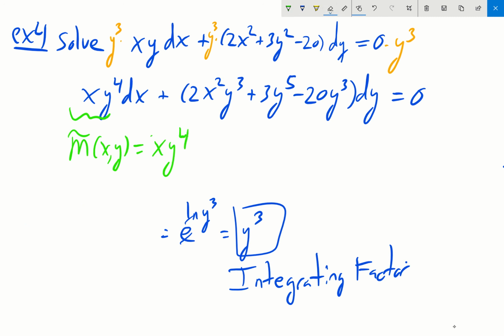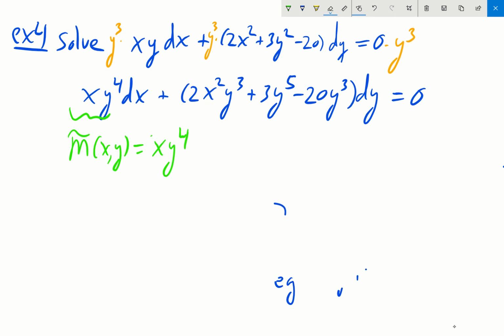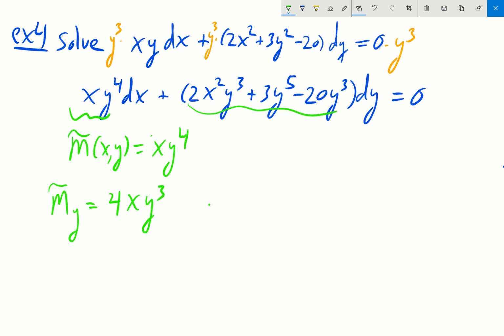Let's take the partial of M with respect to y, which is what we're supposed to do if it's exact. So the partial of M with respect to y, that would be 4x y cubed. And now let's come over here and take a look at this coefficient of dy. It's not my original N, but it's the N multiplied by that integrating factor y cubed.